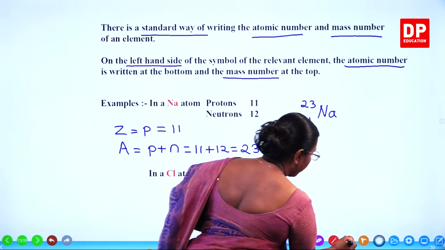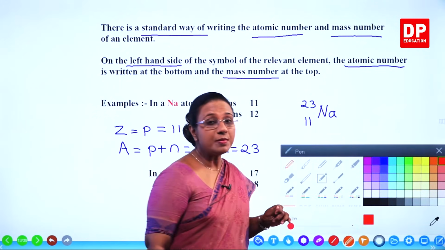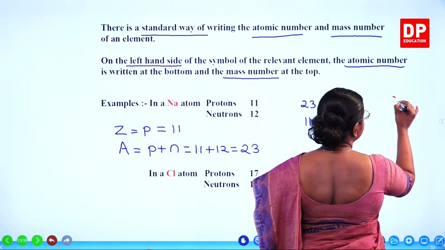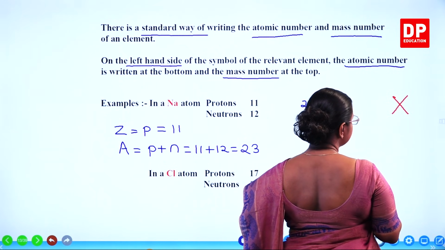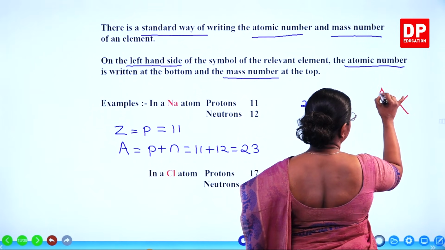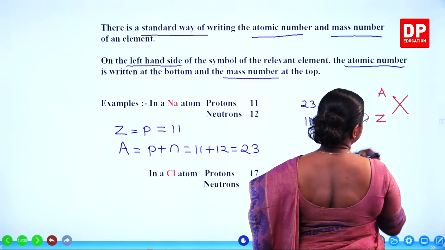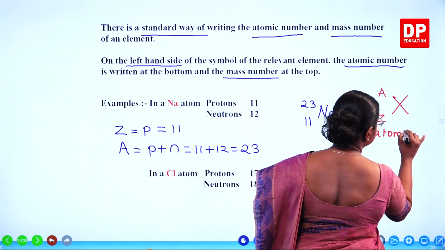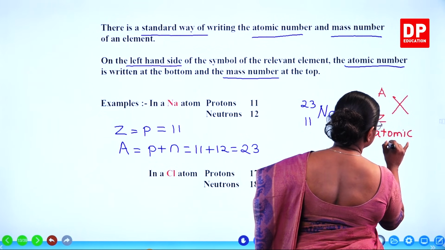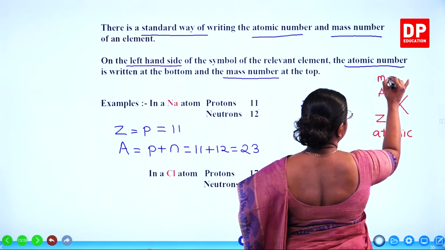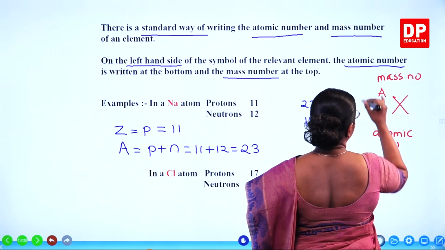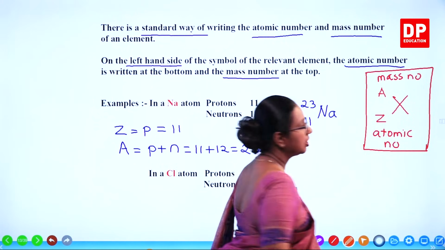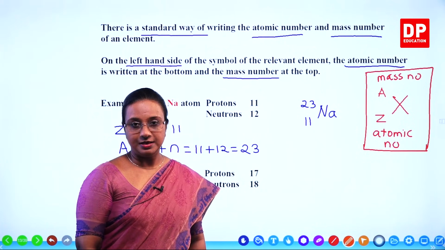So if I write the common standard symbol for the atom of an element, I'll take the atom of the element as X, and on top we have A, mass number, and Z, atomic number at the bottom. This is the standard representation of an atom of an element.